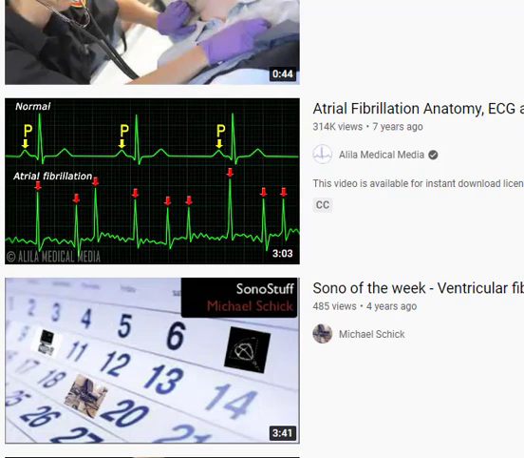So it overwhelms the whole electrical system of the heart. Everything depolarizes, and then everything repolarizes, and you should be ready to have a P wave, and then the QRS, and then the T, and then the P wave.